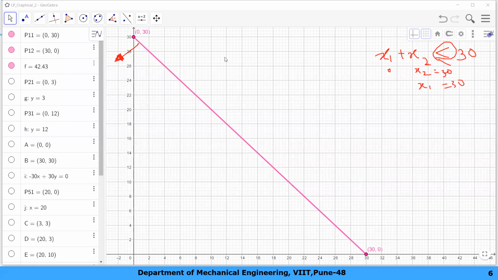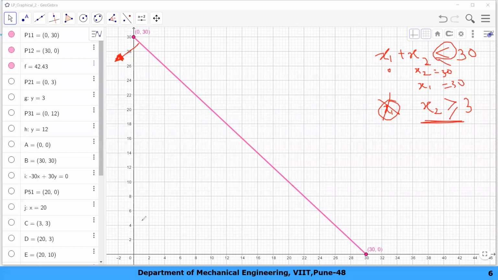the next constraint is a little bit easier one, x2 greater than or equal to 3. Okay, अब ये plot करना बहुत ही easy है. So whatever value of x1 you are dealing with, it doesn't have any effect on this constraint. So x2 should be always greater than or at least equal to 3.